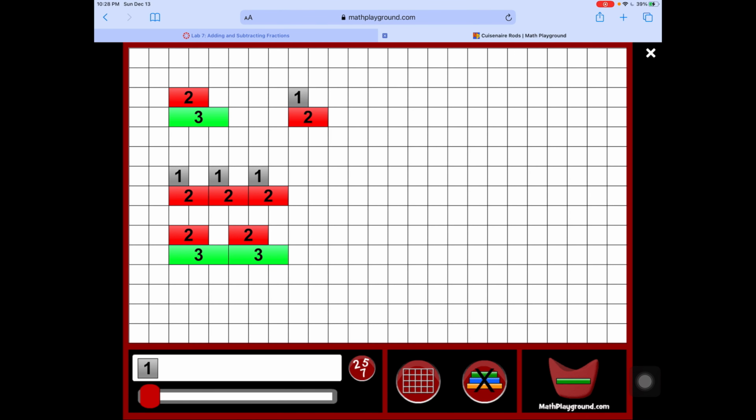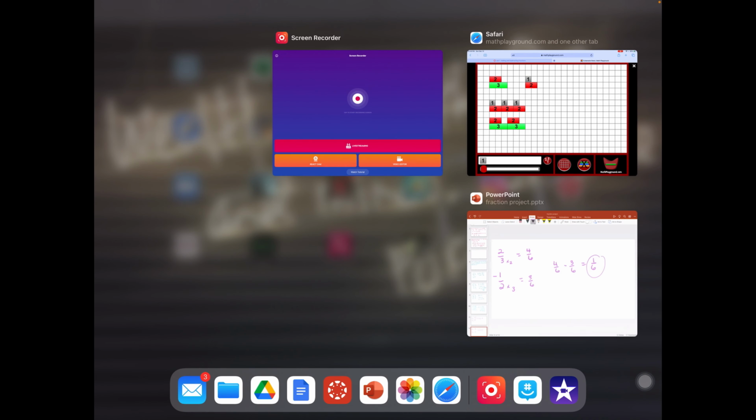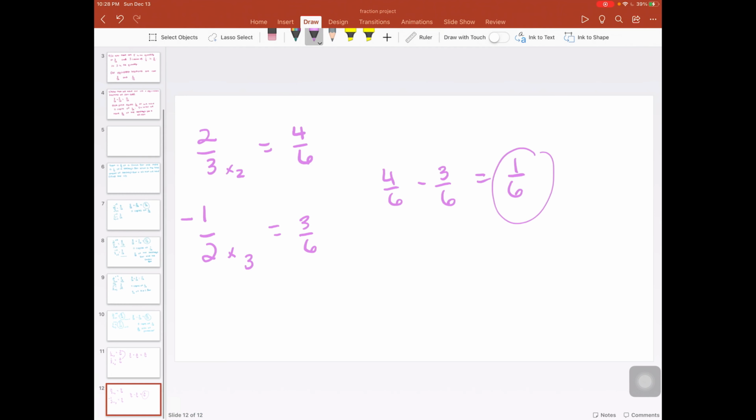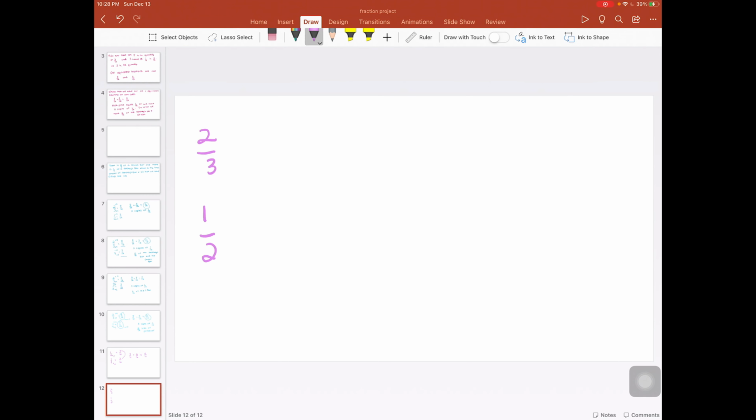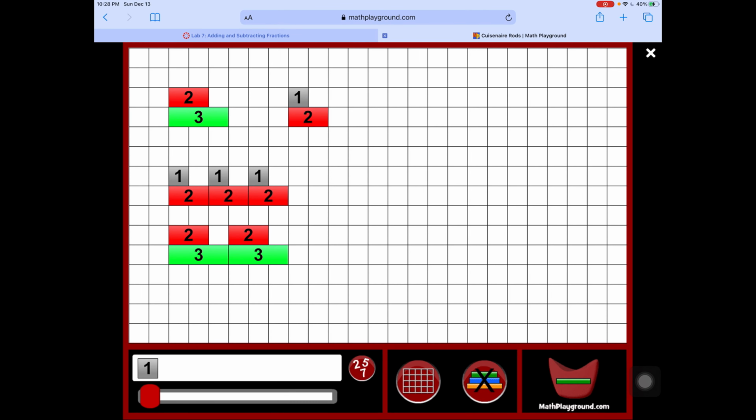On paper, this is what it would look like. So again, we needed 2 copies of 2/3 and 3 copies of 1/2.